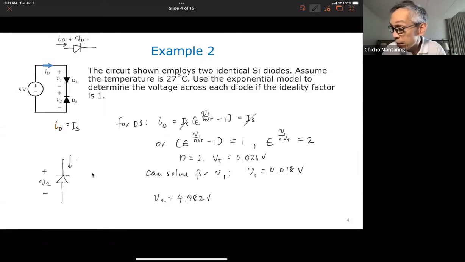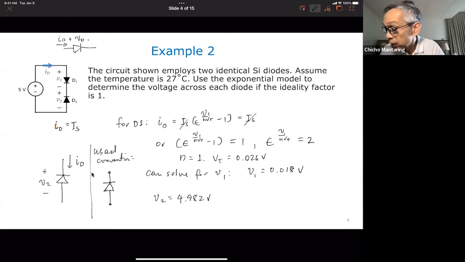And then this is I of D. But if you take a look at the usual convention, it should be I of D should be this way.